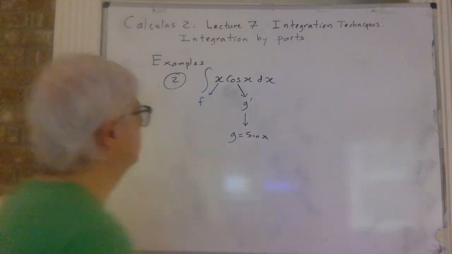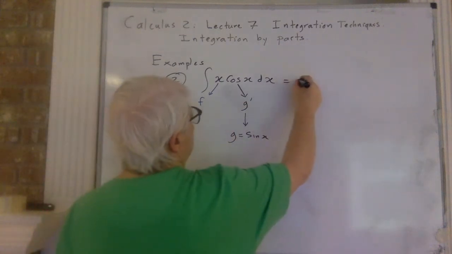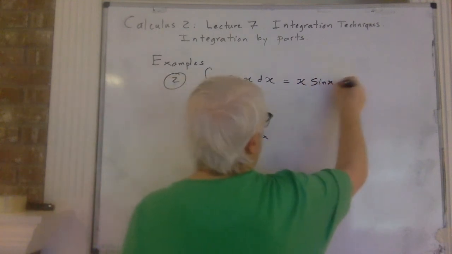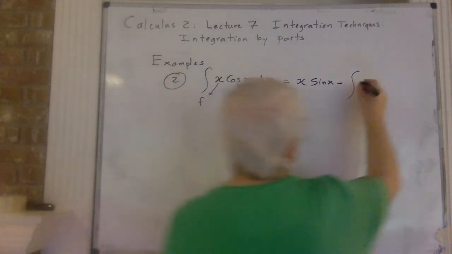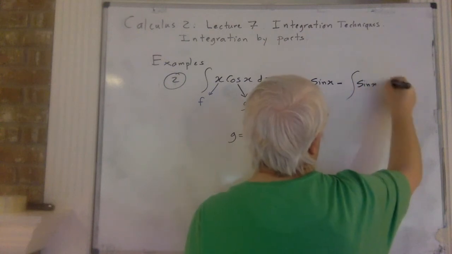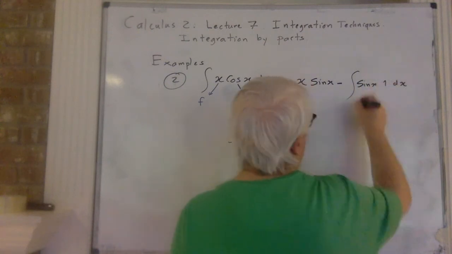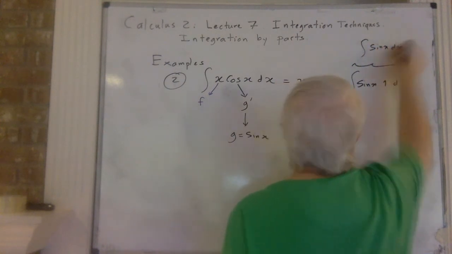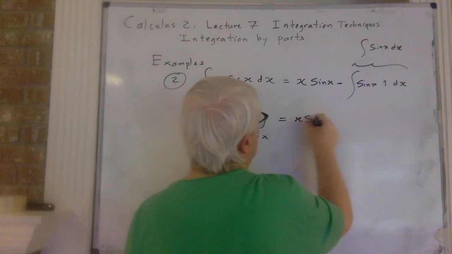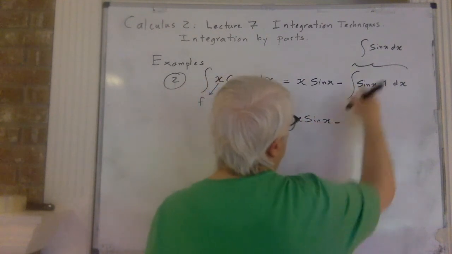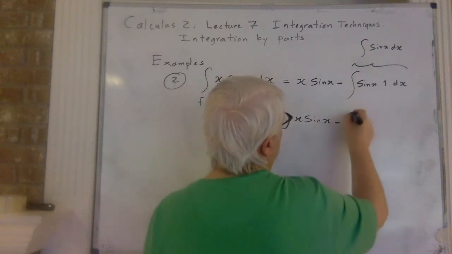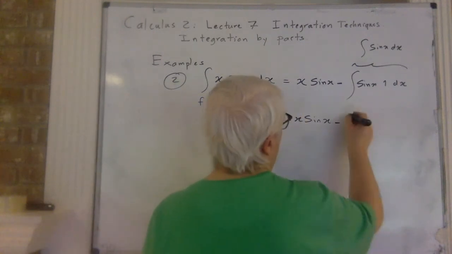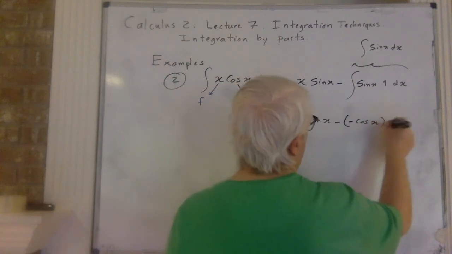So this will be x times sine x, that is fg, minus integral g f prime, sine x times 1 times dx. Well, which is in fact integral of sine x dx. So it is x sine x minus integral of sine x, which is minus cosine, minus cosine plus a constant.